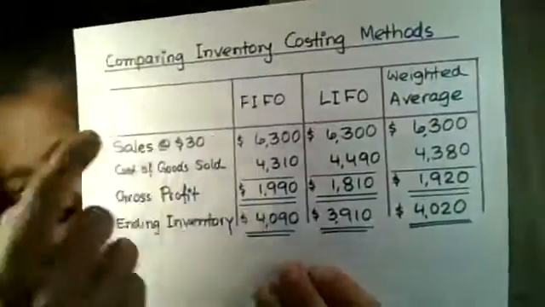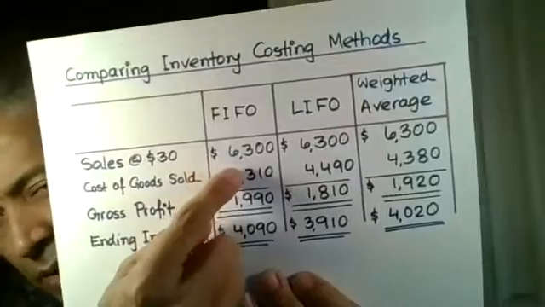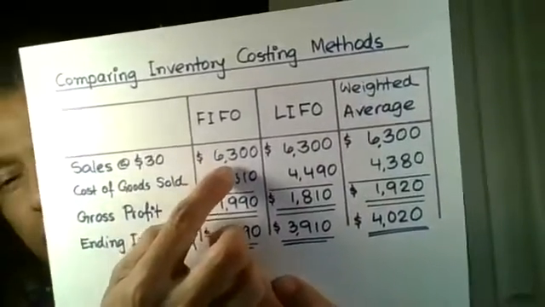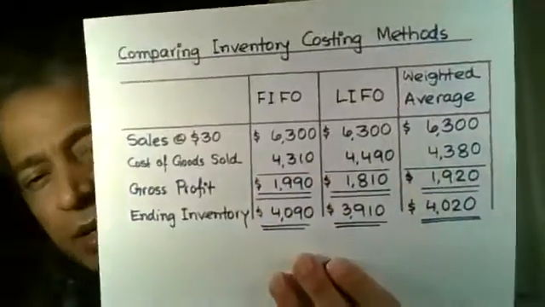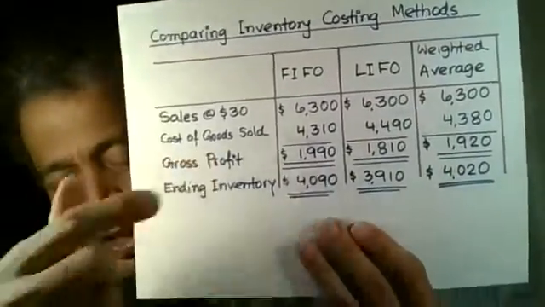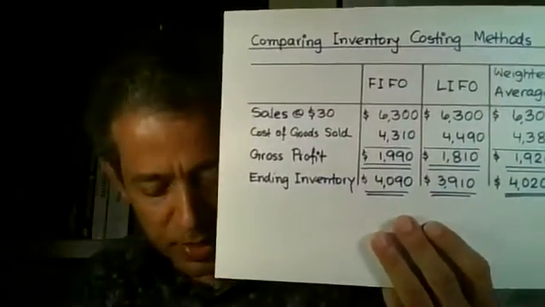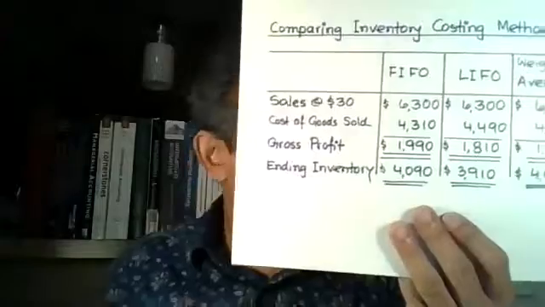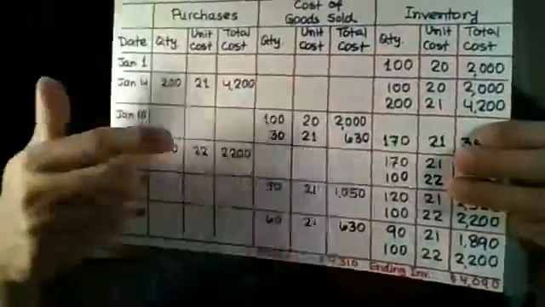210 units at $30. So $6,300, same under all the methods. But cost of goods sold are different. Remember why cost of goods sold different? I told you that the summation of this middle column is your cost of goods sold.